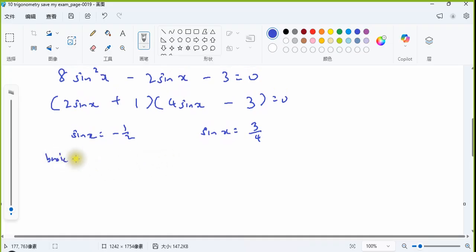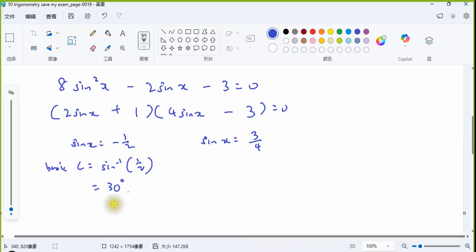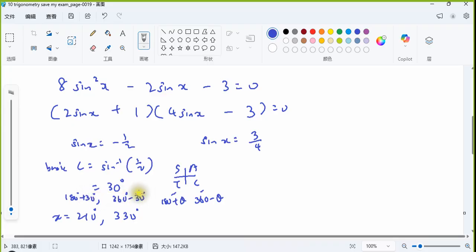So the basic angle will be the arc sine of half, which is 30 degrees. So we have the ASTC, sine negative will be 180 plus theta, 360 minus theta. So x will be 210 and 330, this is 180 plus 30 and this is 360 minus 30.